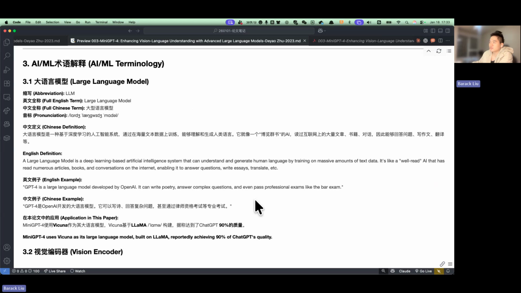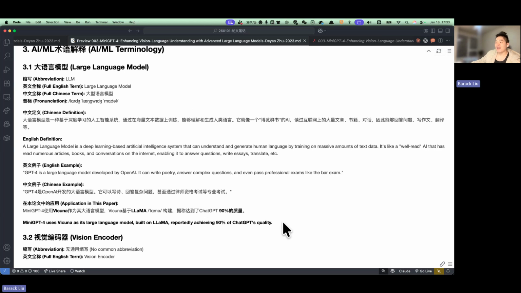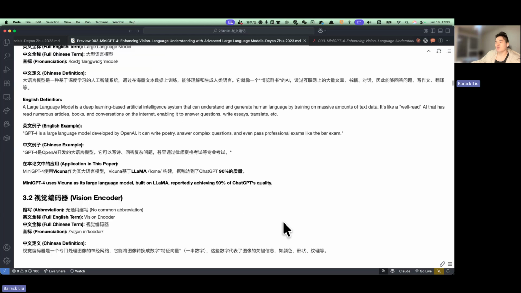It can write poetry, answer complex questions, and even pass professional exams like the bar exam. MiniGPT-4 uses Vicuna as its large language model, built on Llama, reportedly achieving 90% of ChatGPT's quality.